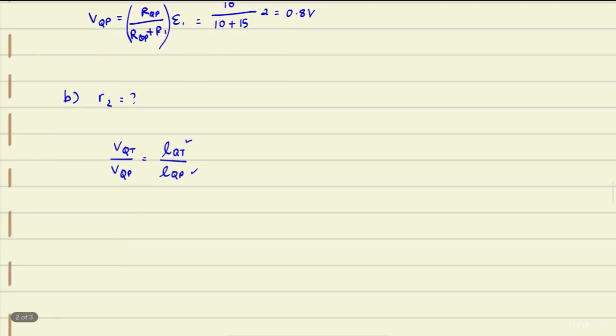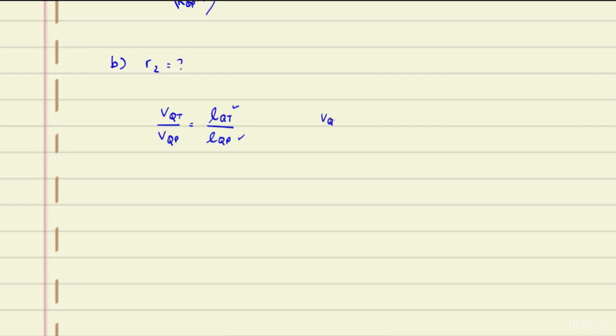So VQT will not equal EMF2. Actually, if we want to use the potential divider, we cannot because of the internal resistance. So potential divider is not applicable.